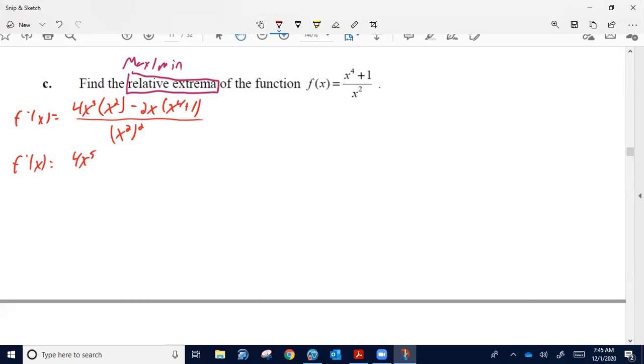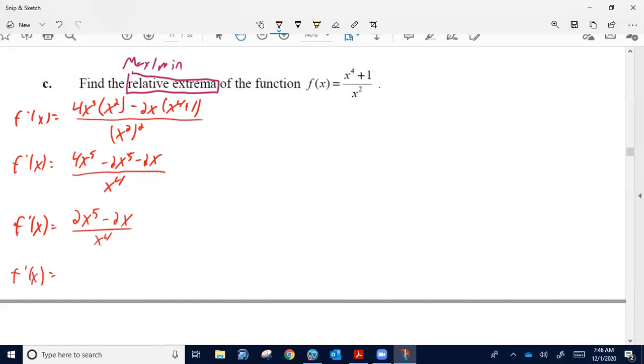Distribute the minus 2x in. So minus 2x to the fifth minus 2x over x squared. Squared is x to the fourth. That's going to give us 2x to the fifth minus 2x over x to the fourth.